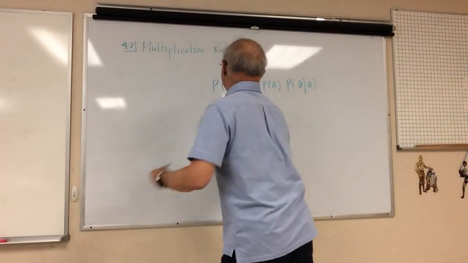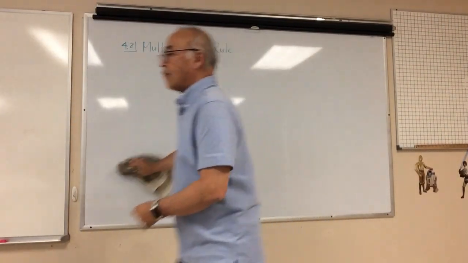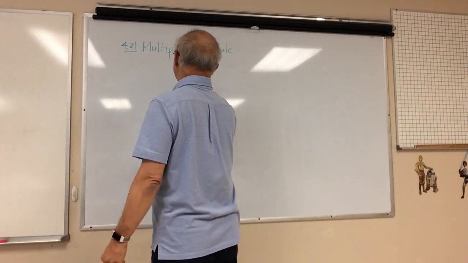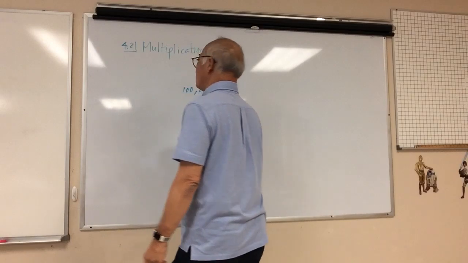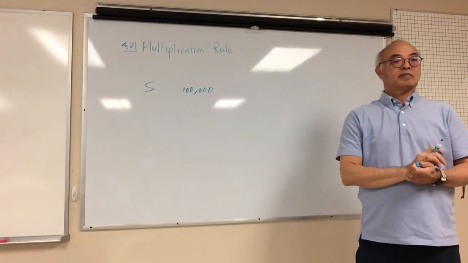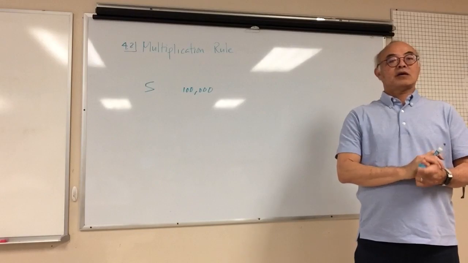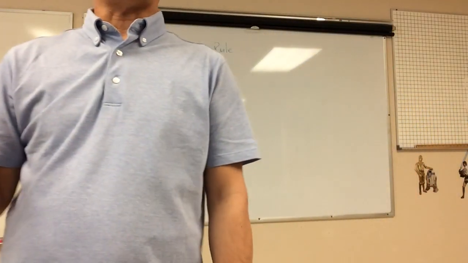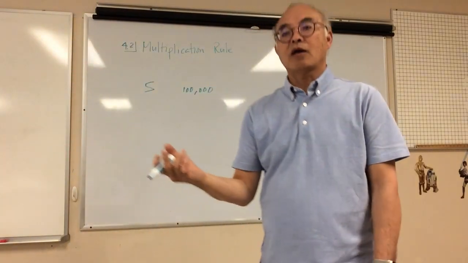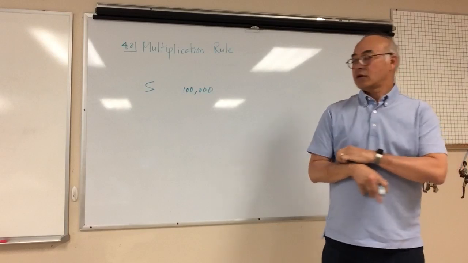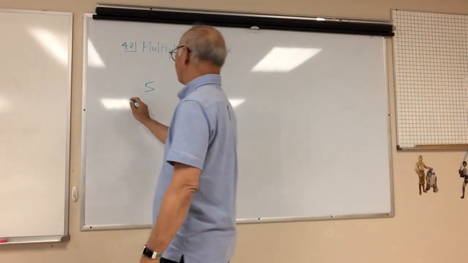An example of that would be, let's say that I have 100,000 batteries, of which I know that 5 of them are bad, and I want to pick 3 of them. I want to find out the probability of picking all 3 that are good.